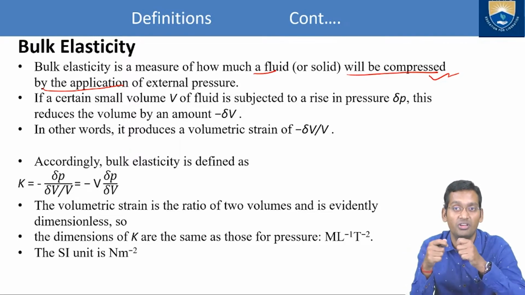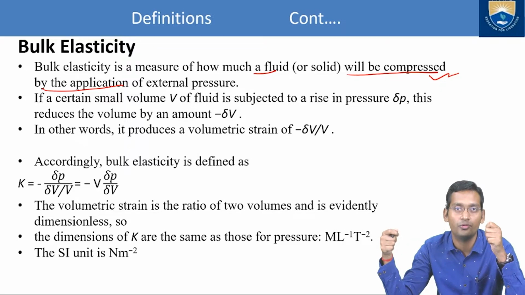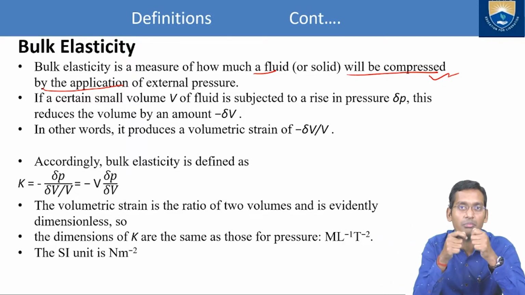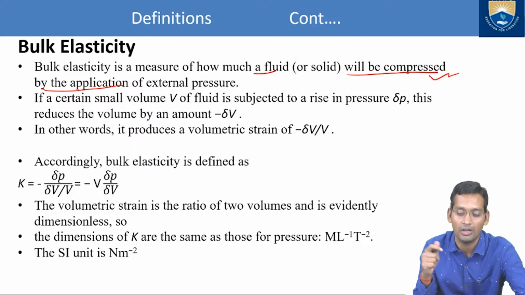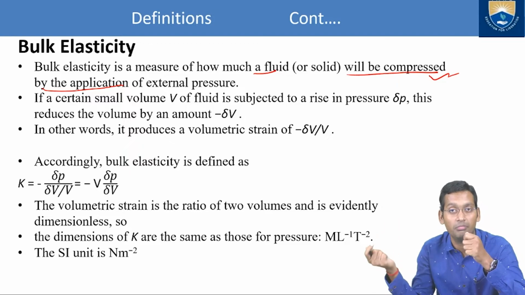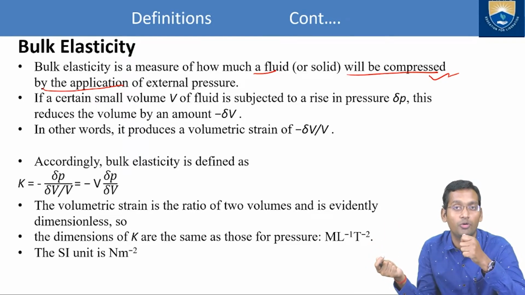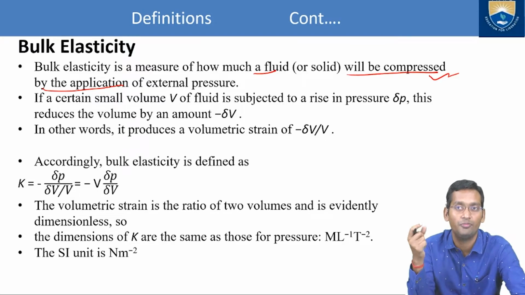Suppose rubber is there, we stretch it, so it gets stretched. Once we release the force, the rubber comes back to its original shape and size. But if we stretch more, it might be possible that the rubber band itself gets broken, or some stretch will remain, just like a balloon.